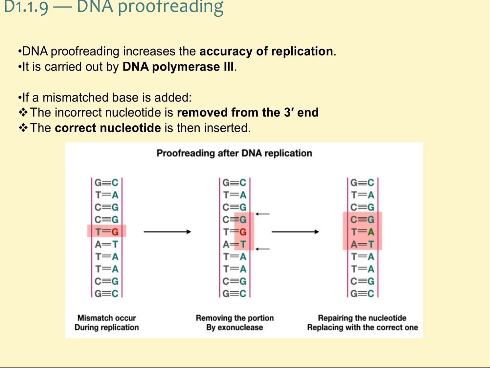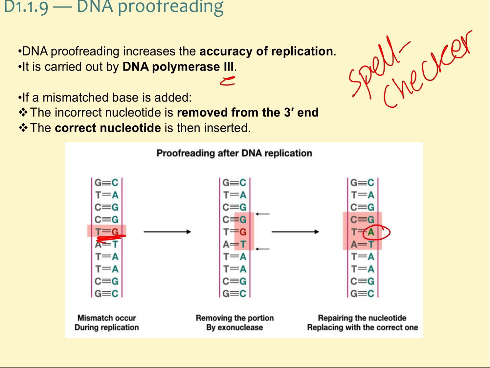And finally, proofreading. Here, DNA polymerase 3 isn't just a builder, it's actually more like a spell checker. Okay, if it adds a wrong base while working, like putting a T instead of a G, it can backtrack and remove the nucleotide from the 3' end and insert the correct one.